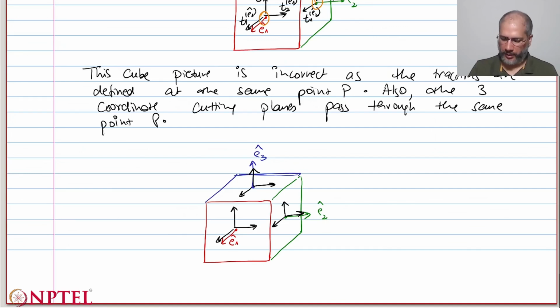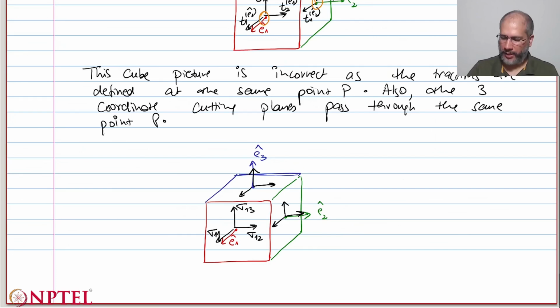So in this figure, on the E1 hat plane, we have sigma 1 1, which is nothing but T1 on the E1 hat plane. Then we have sigma 1 2 and sigma 1 3.